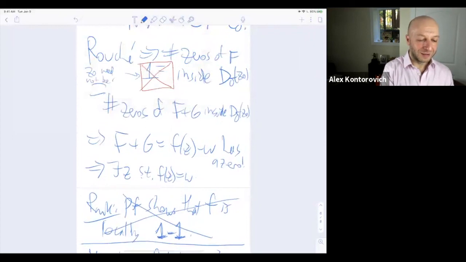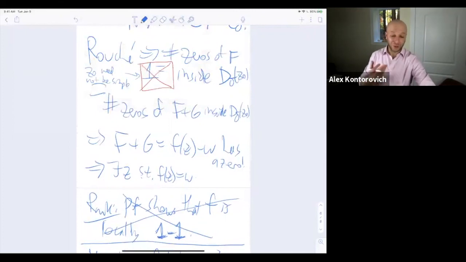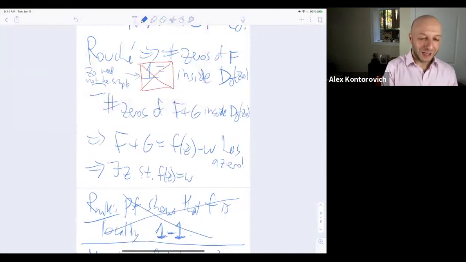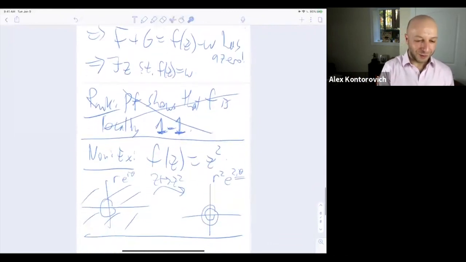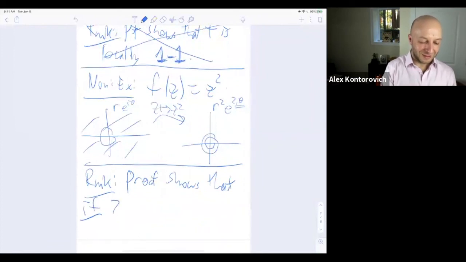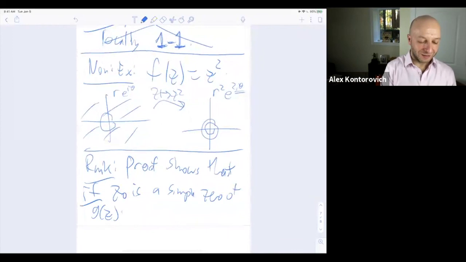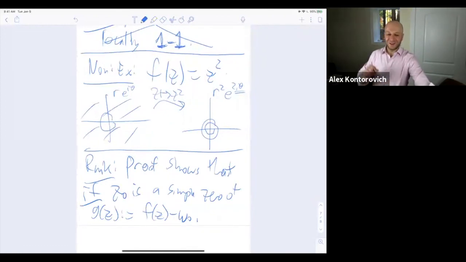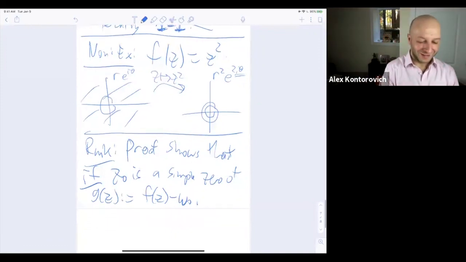Well, it is one-to-one if and only if... no, not necessarily if and only if. If this is more than 1, then there's a 0, but there might be more than 1 zero. So there is a remark: the proof shows that if z0 is a simple 0 of g of z, which was defined to be f of z minus w0, in other words, if I don't hit w0 with multiplicity, in the sense of f of z minus w0 having a multiple 0, then locally f is one-to-one.